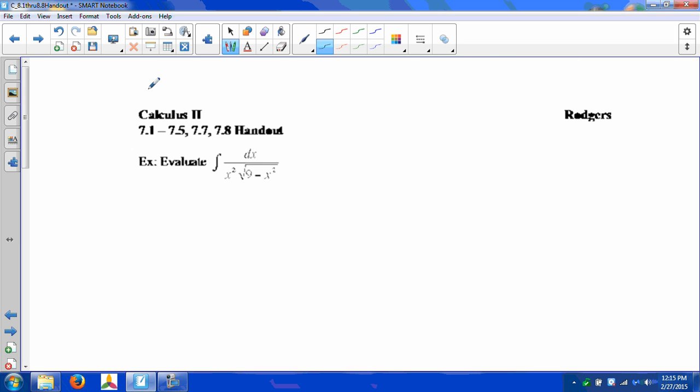Okay, so let's try this one again. I have a radical, and I'm going to think about what that looks like. Well, that's a subtraction, so that must be A squared plus B squared equals C squared, or A equals the square root of C squared minus B squared.